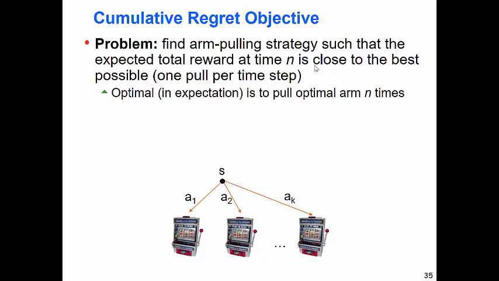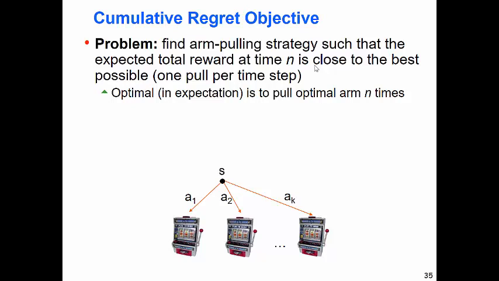What would you do? Yeah, just the arm with the highest expected reward, you would just pull that n times. And the expected reward for that would be n times the expected reward for that arm. So that's the best you could do. And the cumulative regret objective is to try to get as close to that as we can after n pulls.